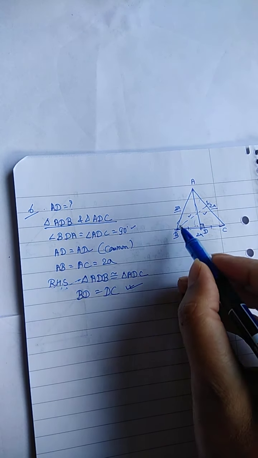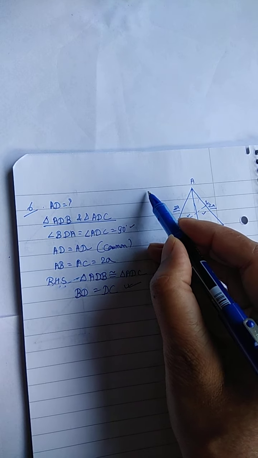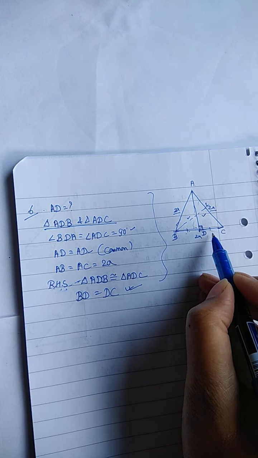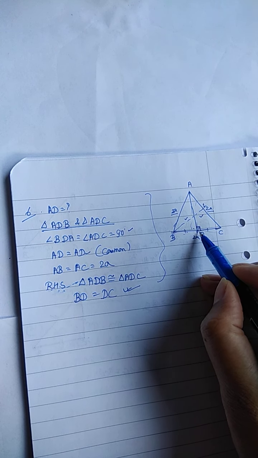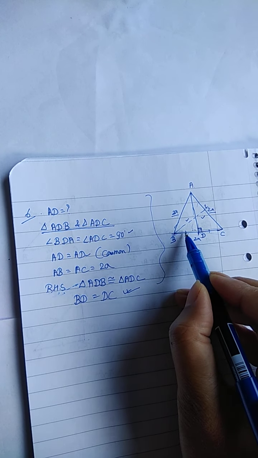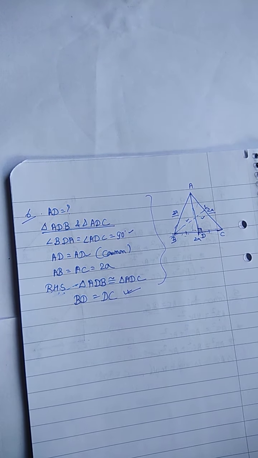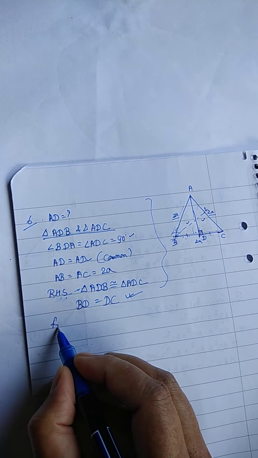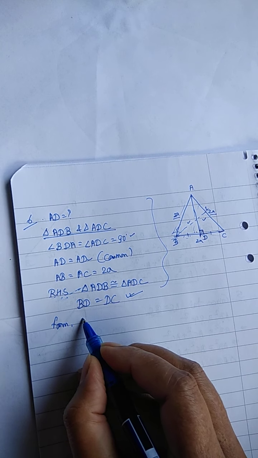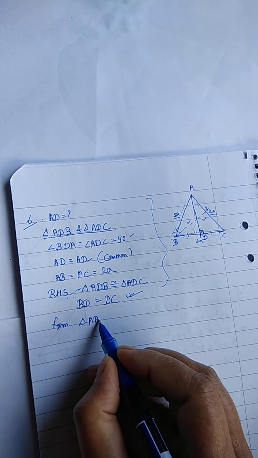Correct? And if you don't want to do this, you can also write that in this equilateral triangle, this altitude bisects the third side, means BD equals to DC.